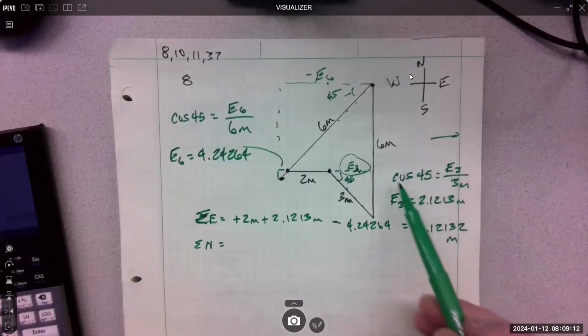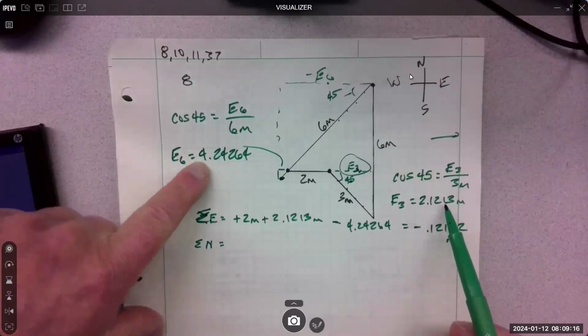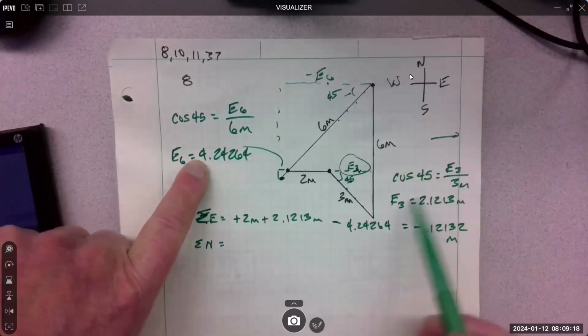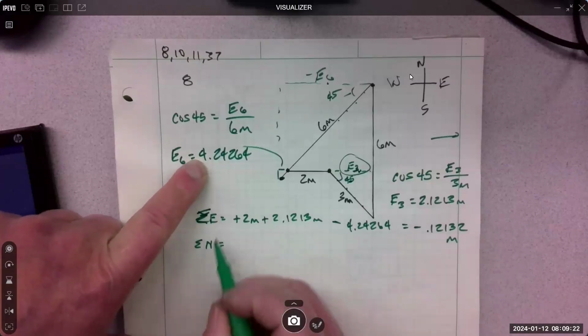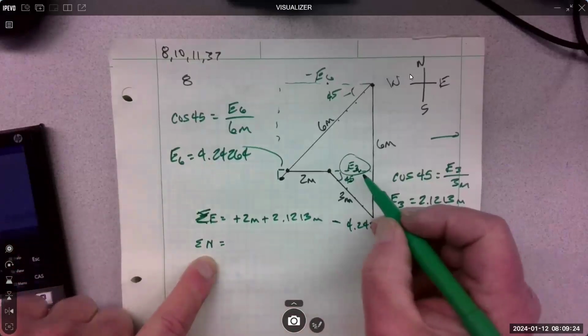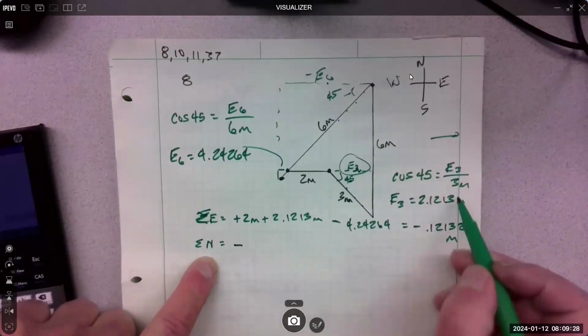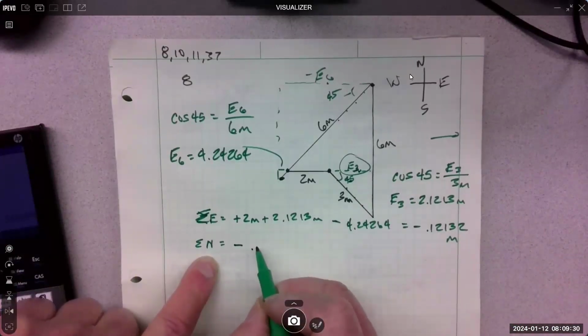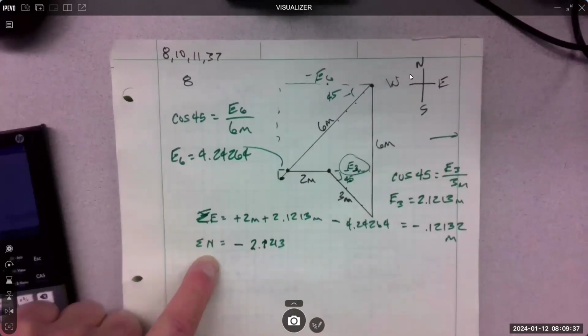So this is the 3-mile number. This is the 6-mile number. That's what Evan is saying. And those numbers are good in the north also, right? So if I do my north, looks like they drop down. So I'm going to put in a negative, the 3-mile number, 2.1213, right?